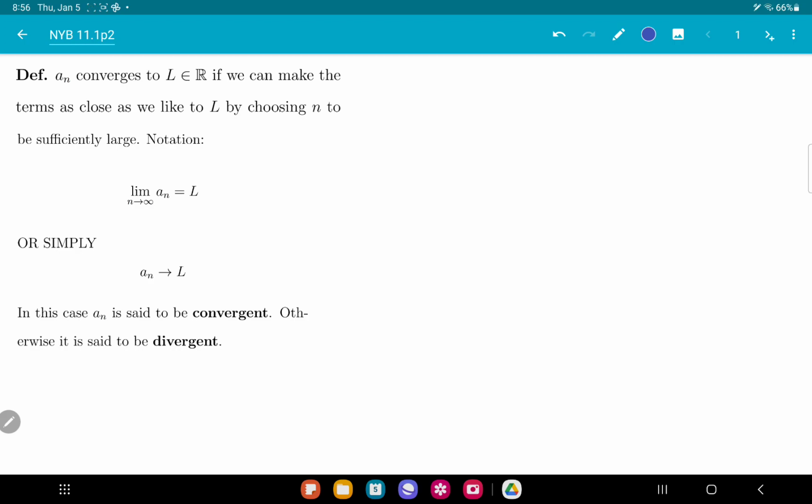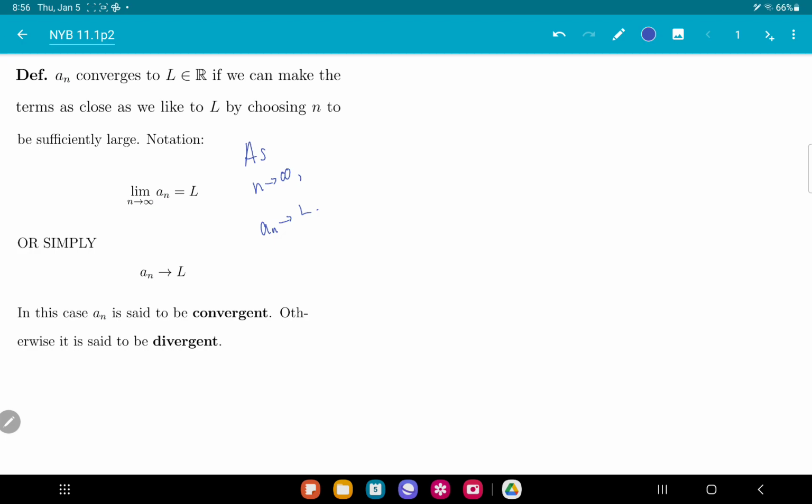Now, let's see. What do we have here? Well, I think more typically, when talking about a convergent sequence, I will say something like, as n goes to infinity, a_n goes to L. It's maybe the simplest way to think about it.